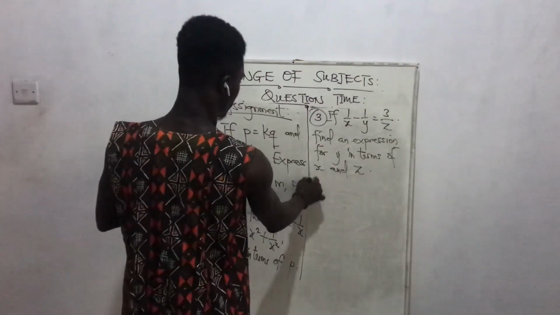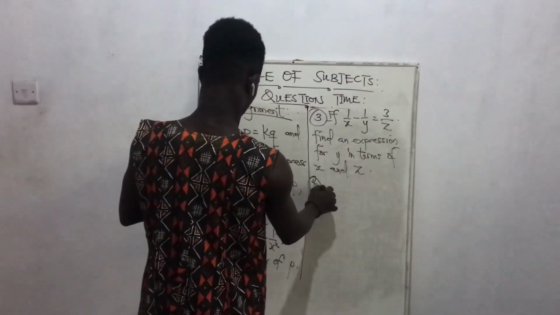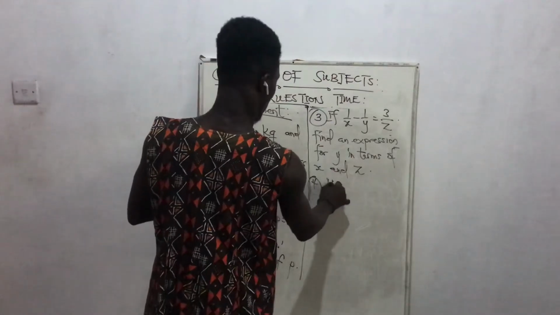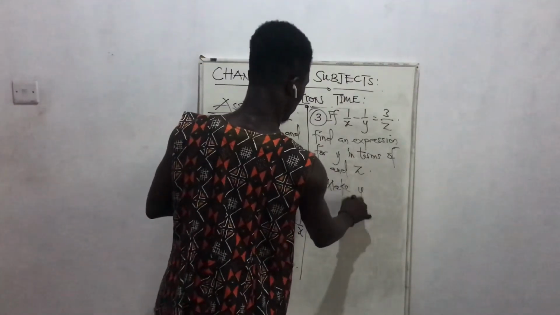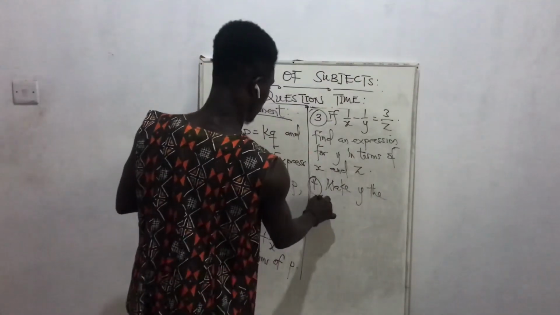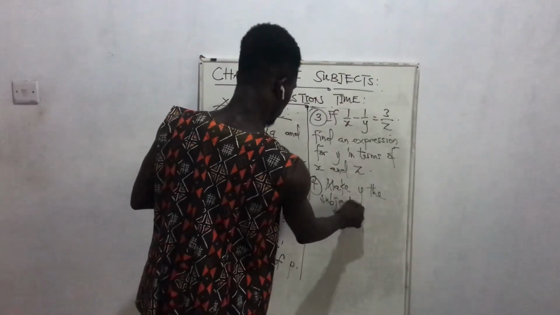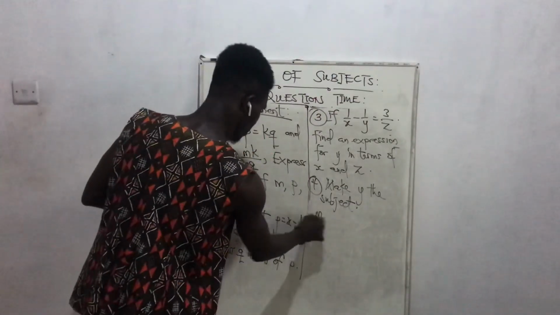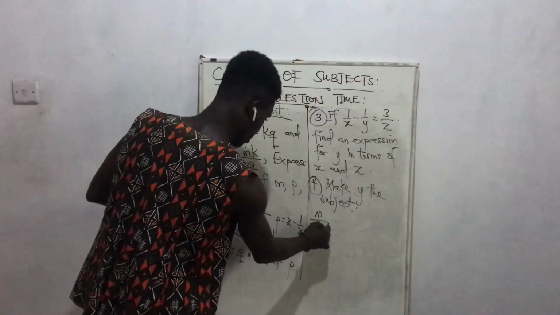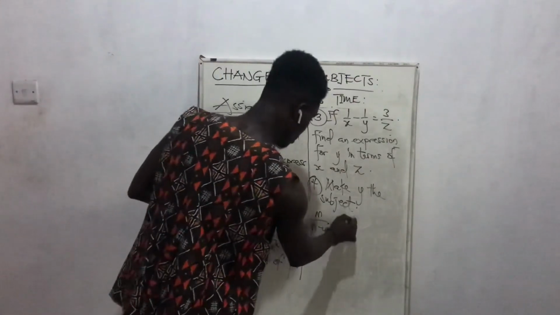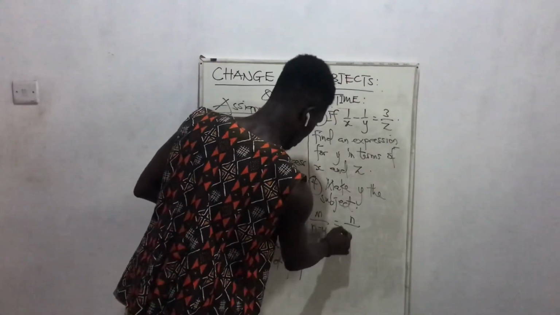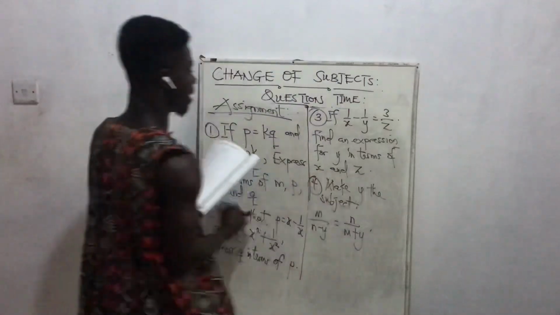Then we have question 4. Make y the subject here. M on n minus y equals n on m plus y.